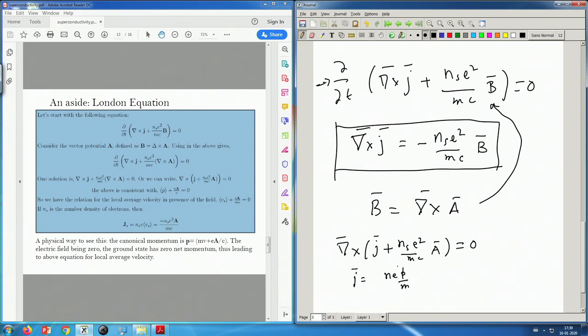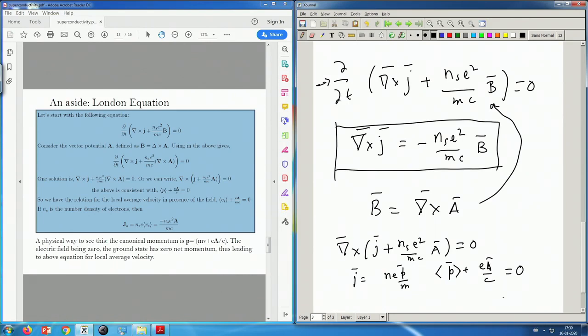So, you put that in, then what you will get is p plus e A by c equal to 0. Now, this p is momentum, the momentum corresponding to the super electrons, and ideally this is replaced by the average momentum.